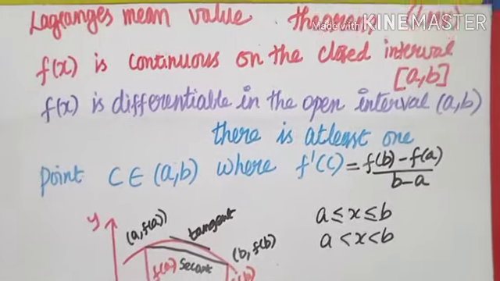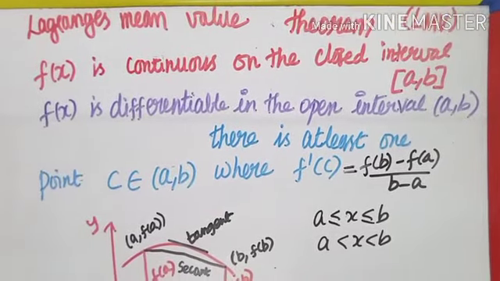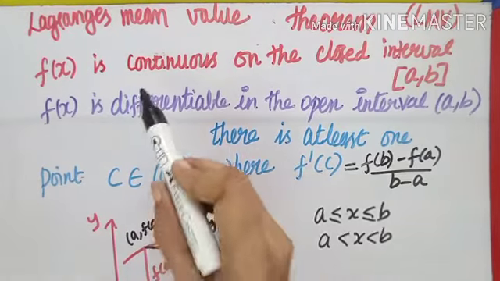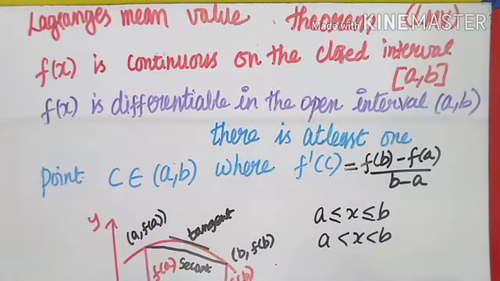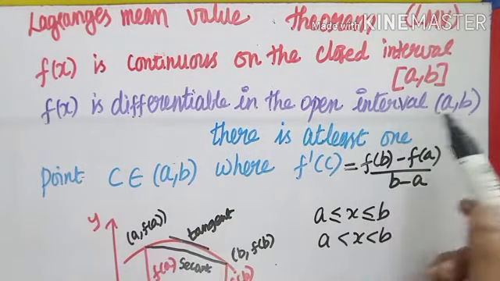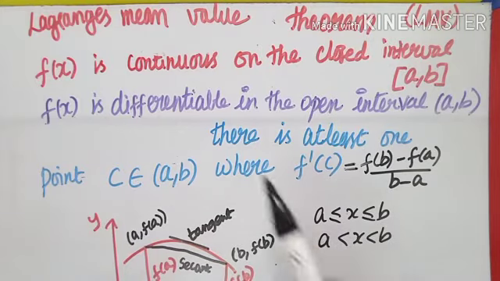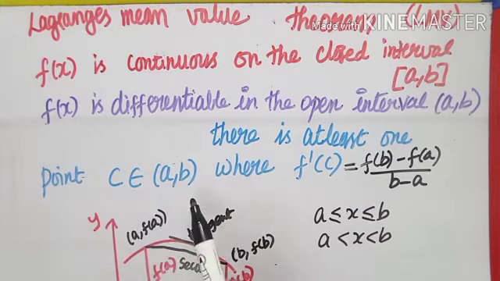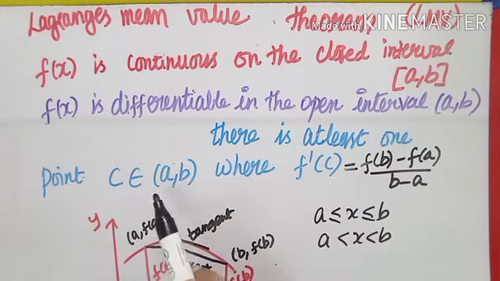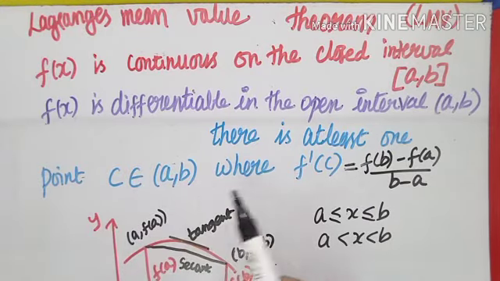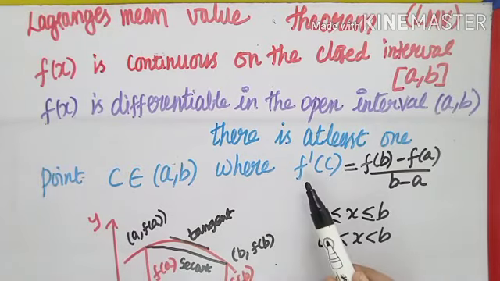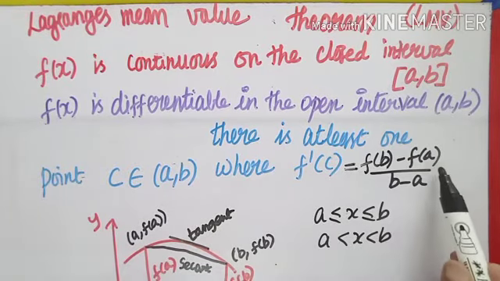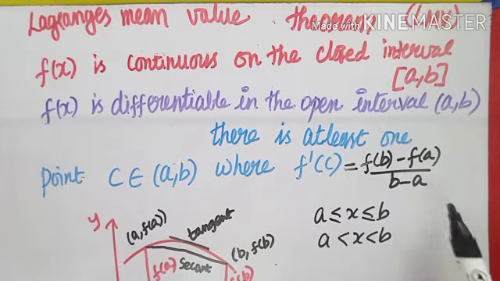We'll see the statement now. Lagrange's mean value theorem says f of x is continuous on the closed interval [a, b], f of x is differentiable in the open interval (a, b), there is at least one c inside a and b, that is, it belongs to the open interval (a, b), where f dash of c equals f of b minus f of a by b minus a.